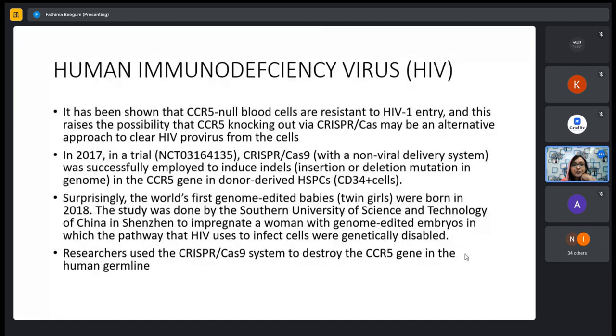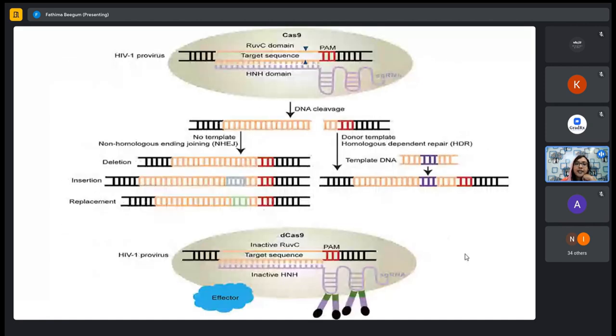So this is what is in HIV provirus. The target sequence has been cleaved, and we know that by the NHEJ process or by using the HDR process, what happens is the particular inactive HIV is created, and the virus which is inactive is formed, thereby controlling the infection.